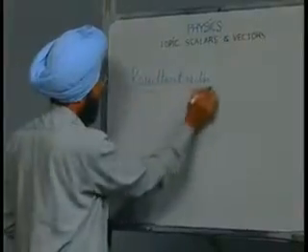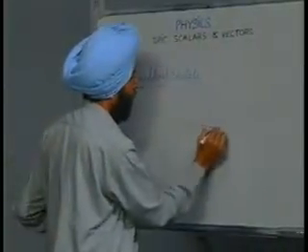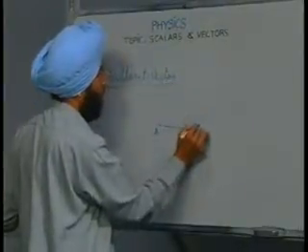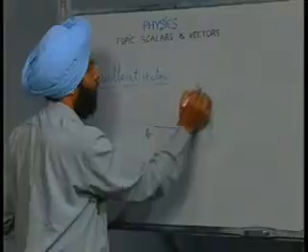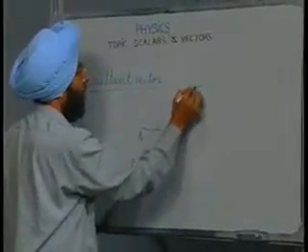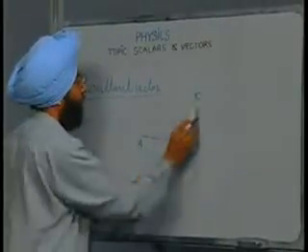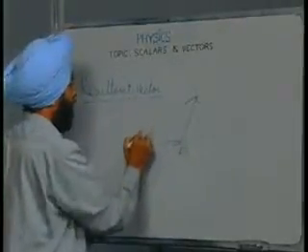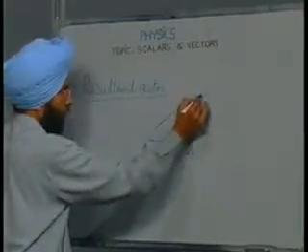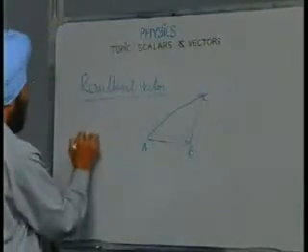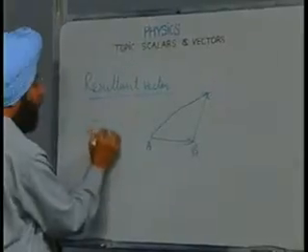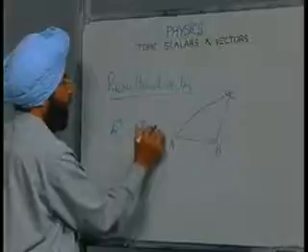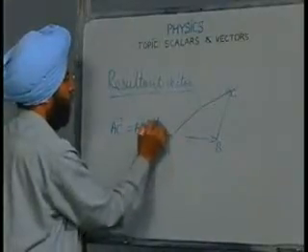When we discussed displacement, we talked about displacement from A to B, B to C, then net displacement is from A to C. So, we can say displacement AC is equal to displacement AB plus displacement BC.